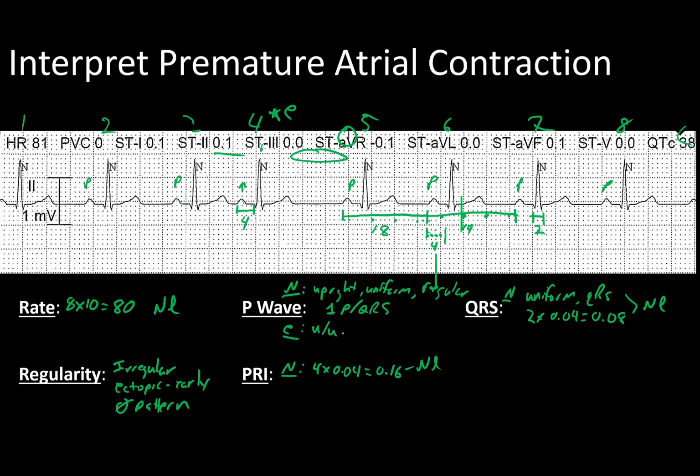It doesn't have any regularity because it stands by itself, but it has 1 P for each QRS, and so that's good. What's the PRI for that one? Well, we actually measured it, and it comes out to 4 times 0.04, and so that is also normal. Finally, we'll talk about the QRS on that, and just by looking at it, you can tell it matches exactly with everything else. So we know that that's uniform because the conduction happened appropriately. It's the QRS pattern. And in fact, if we measure it out, it is right at 2 as well.